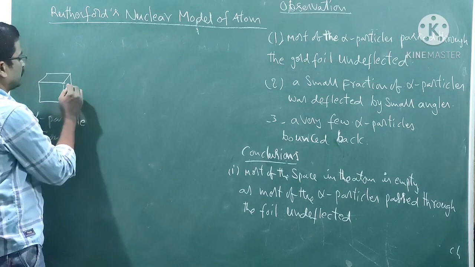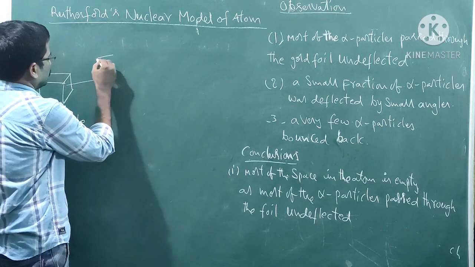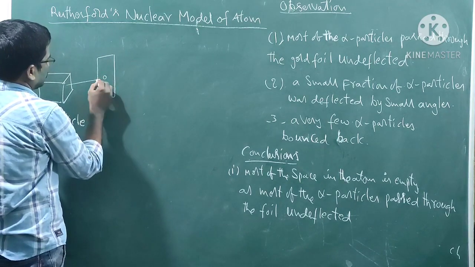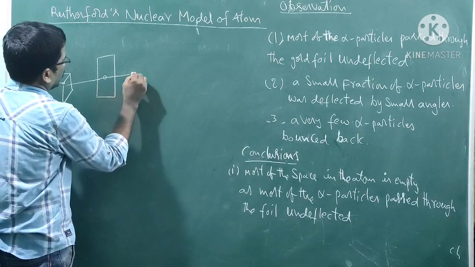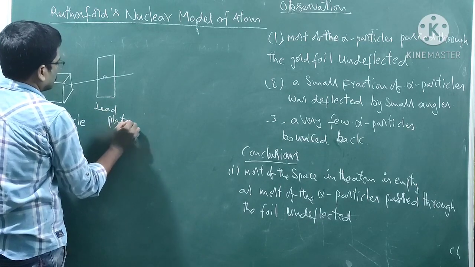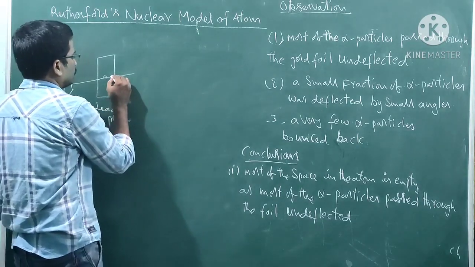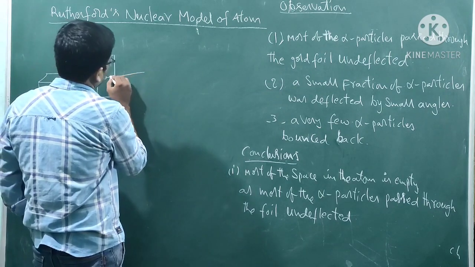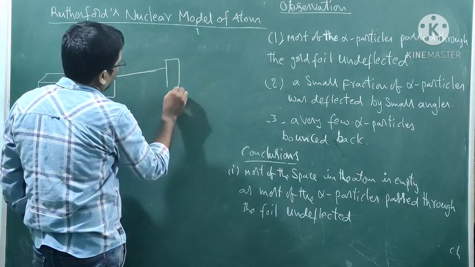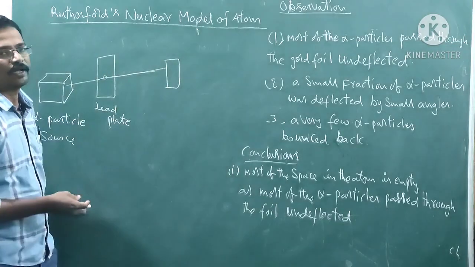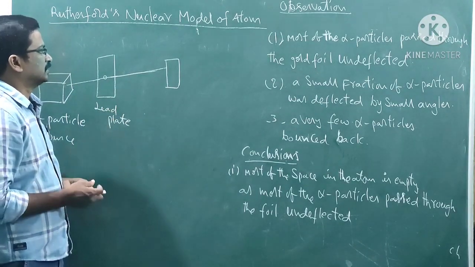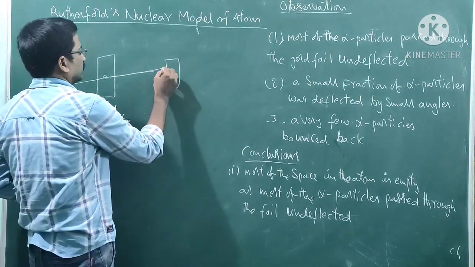Then there is a lead plate which has a hole, and the alpha particles are passed through the lead plate and then projected on a gold foil. The gold foil means a thin gold plate.